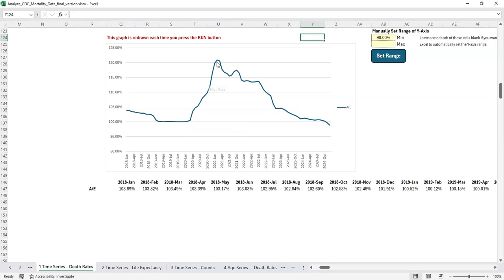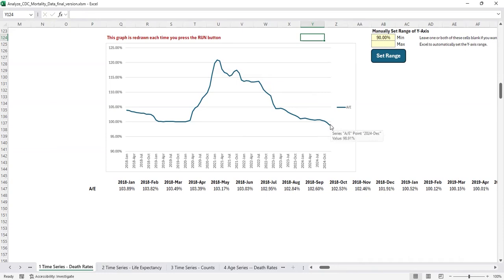We see a very steep increase. And by the way, this is the 12-month trailing average. The peak is over 120%, so that means that mortality jumped by 20% relative to the base year 2019. And since then, it's gradually declined, and we're about where we started now in 2019.